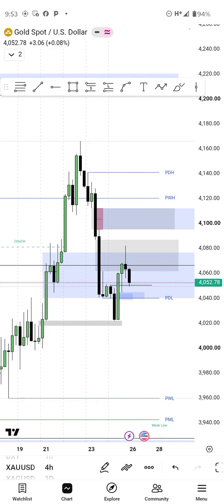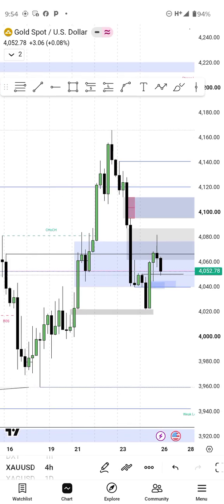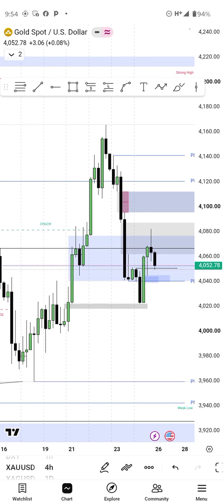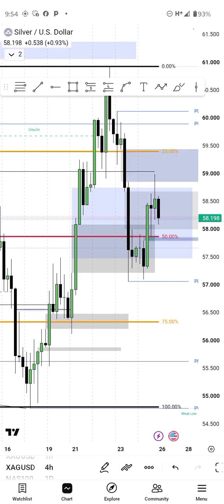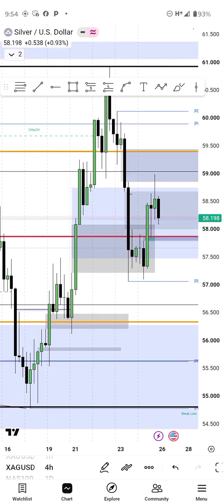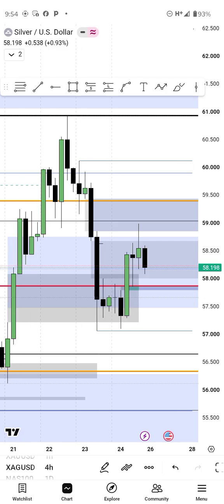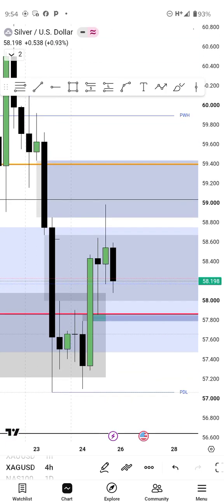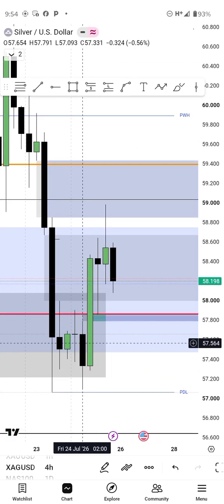But between gold and silver, silver is going to give the highest probable trade of the week, because silver has every quality. If you go to the 4-hour, you could see that at the 50%, it has offered an FVG. You could see the fair value gap in the 4-hour, change in state in delivery.